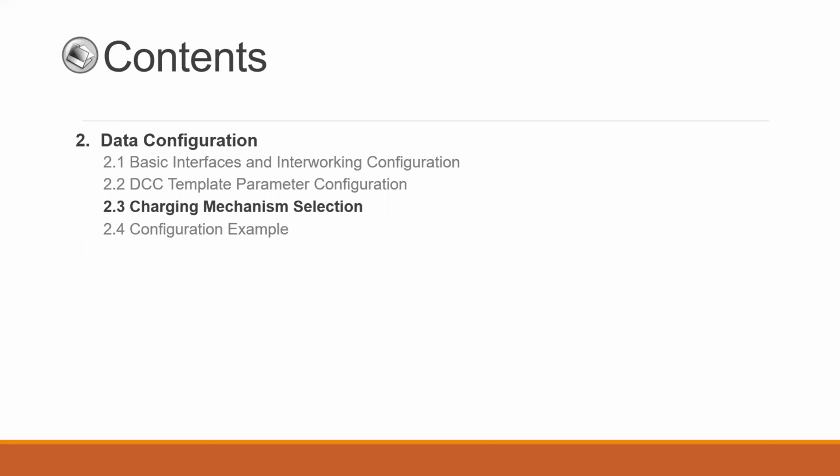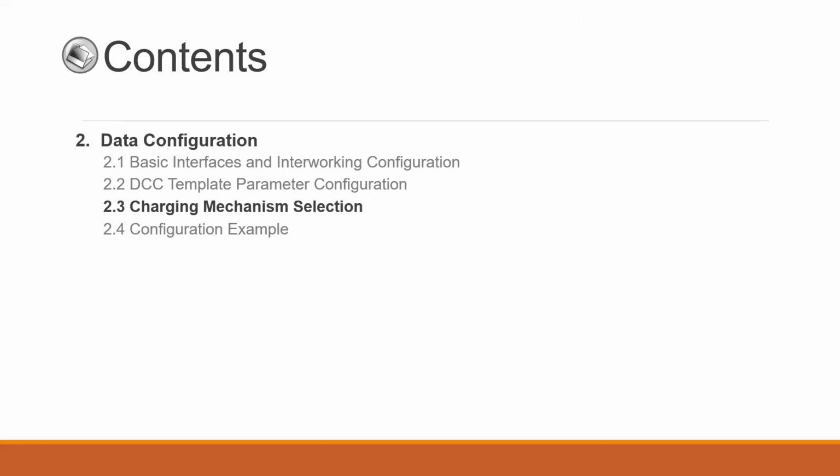So this part covered the DCC template, how to configure a DCC template, the different components of a DCC template, and the priority of selecting which DCC template and which OCS is selected, as we discussed earlier.